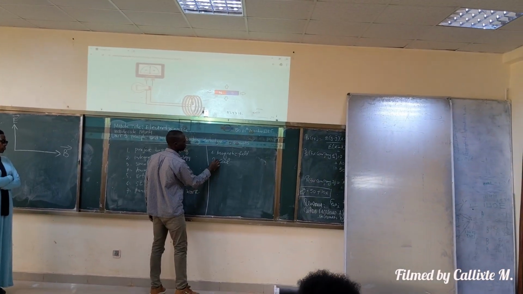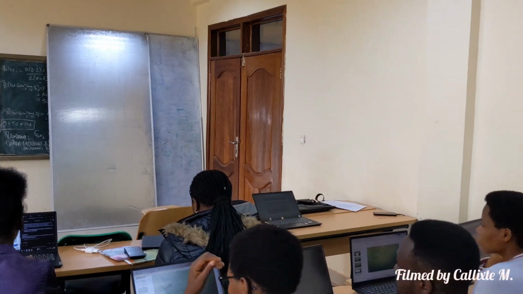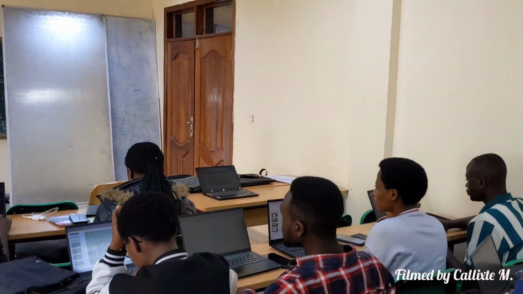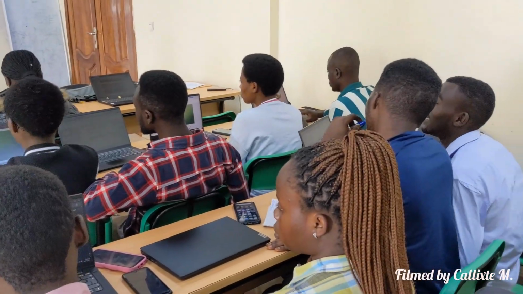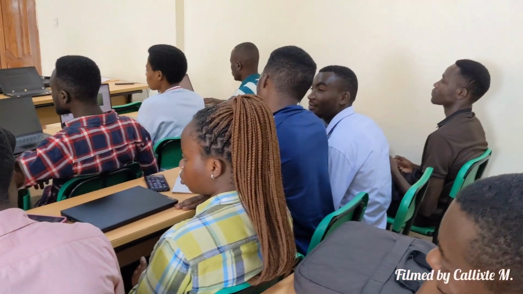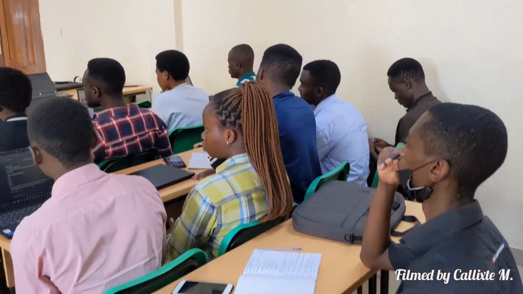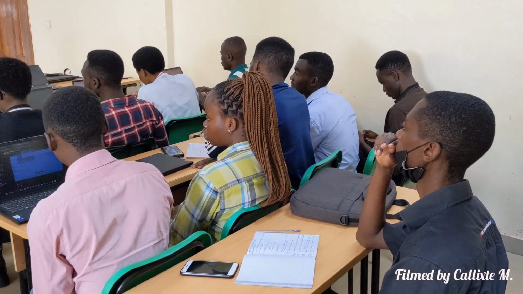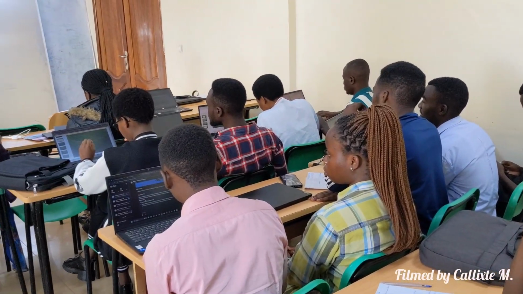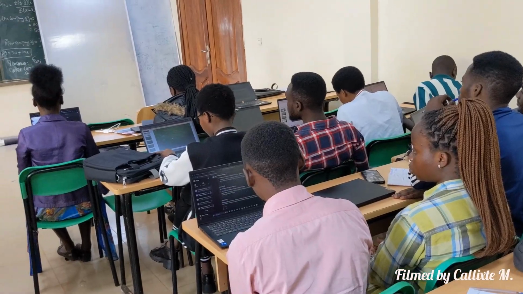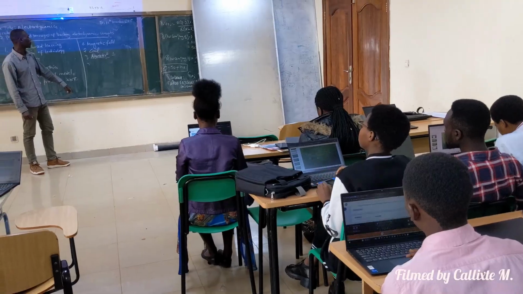We have an electric field, which is generated, showing how electricity is being produced. And we have another one, which is called, it is not electricity, it is an ammeter, to measure the amount of current which is being produced.